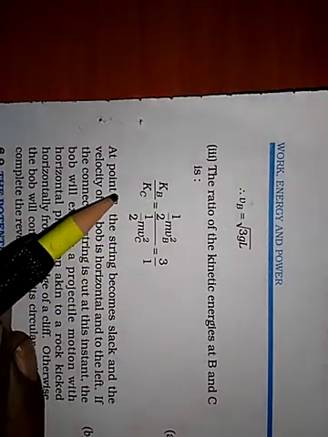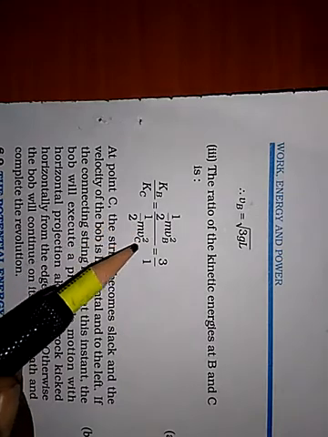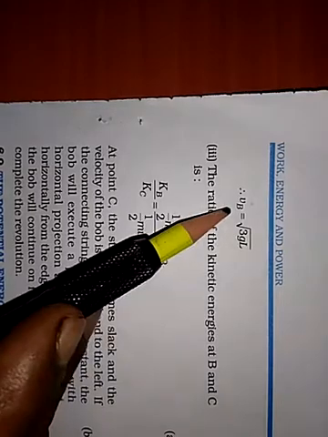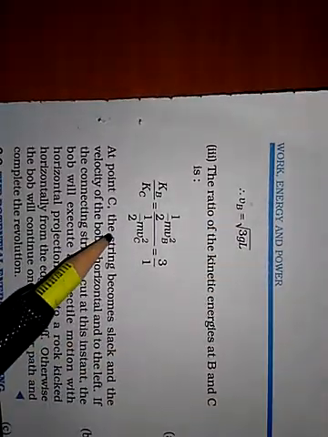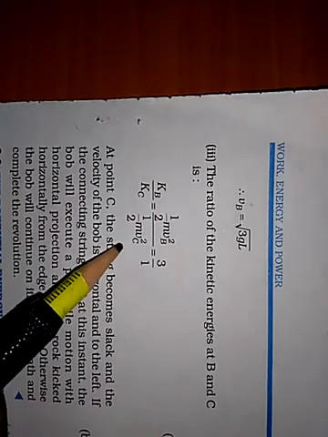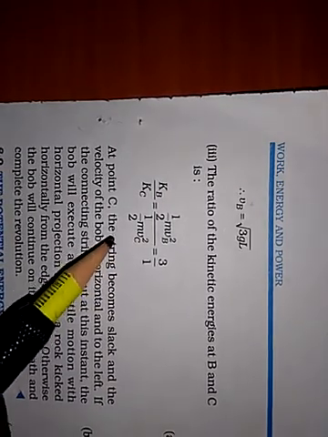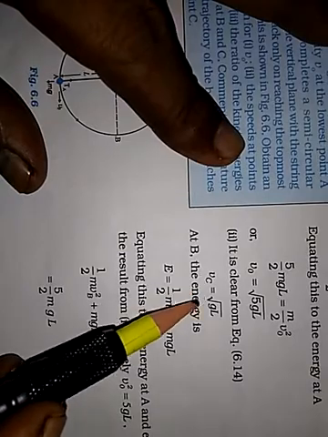Now the ratio, the third part, is the ratio of the kinetic energy at B and C, which is Kb by Kc. Just now we had half mvb square divided by half mvc square. Half mvb square, so you square this term, you will get 3gL. Half mvc square. Okay, vc we already have the relation. So just see this relation, vc is equal to root of gL.